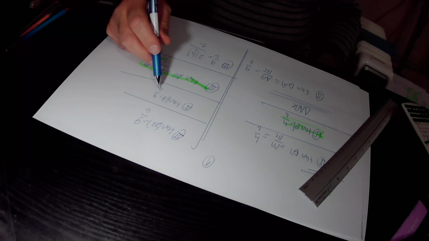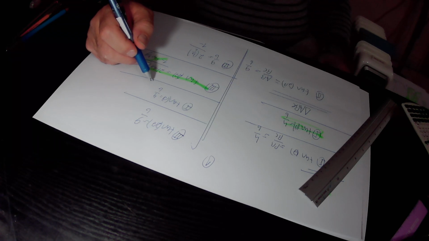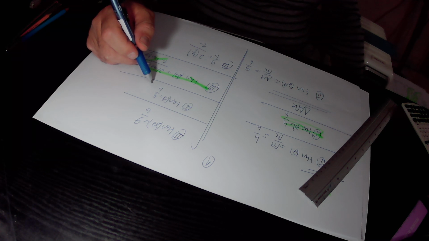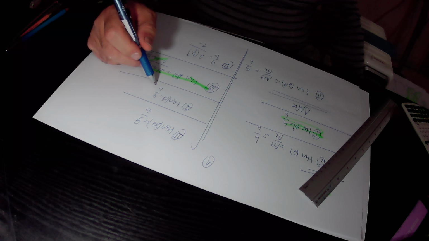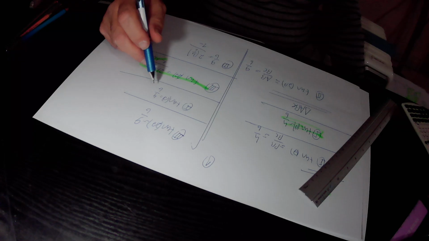Since tangent theta equals 4 over b, tangent square theta must equal 4 over b squared, which is 4 squared, 16, over b squared. So tangent square theta equals 16 over b squared.